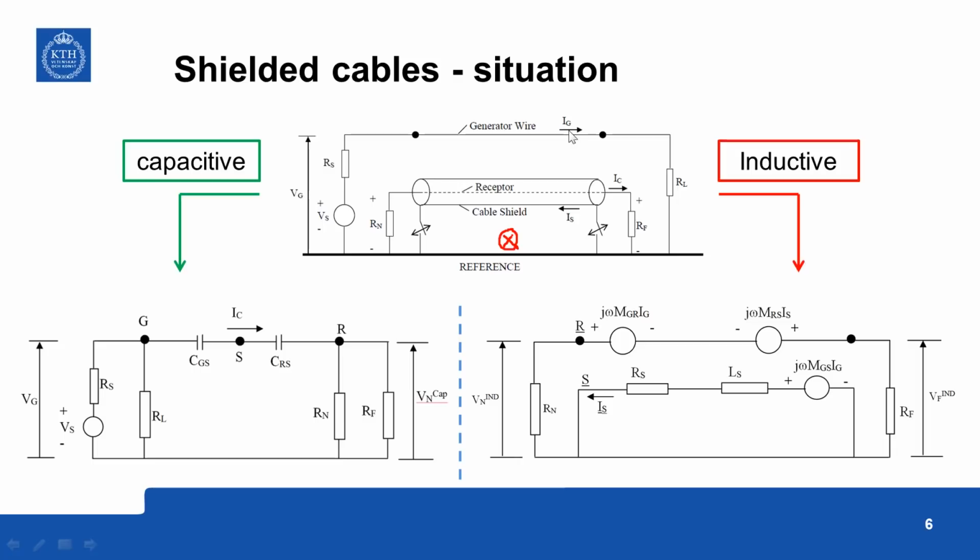Now MGR is the mutual inductance between the generator wire and the receptor wire. So that is the source, j omega MGR Ig. So this source is coming in the receptor circuit, and it will drive a current in such a way that it should create a flux opposing this.